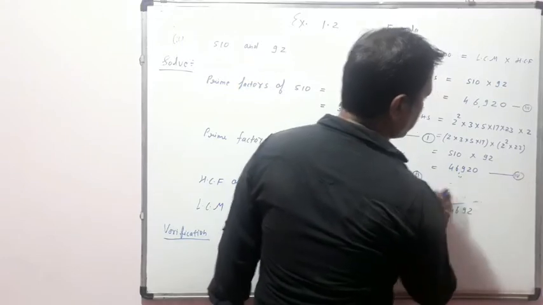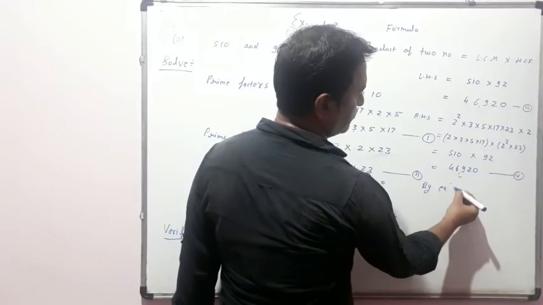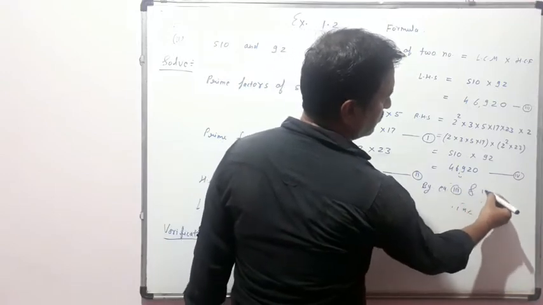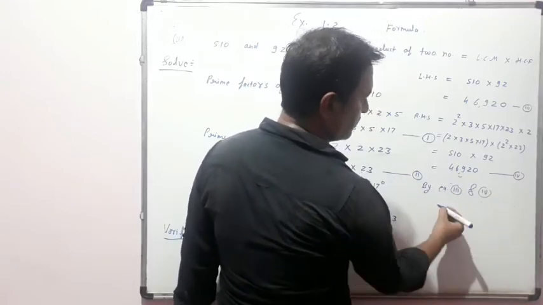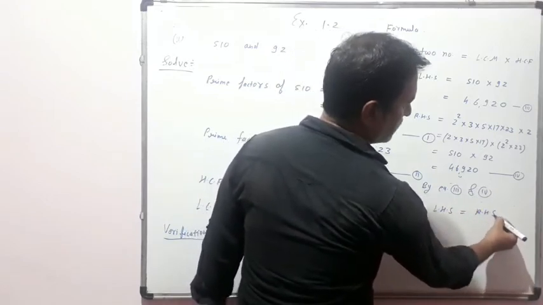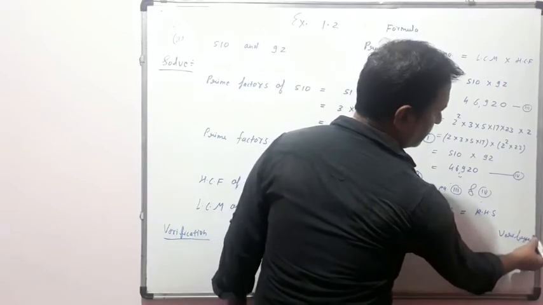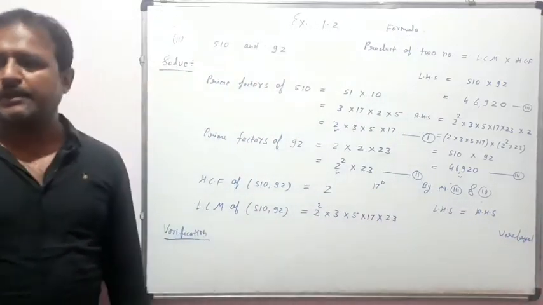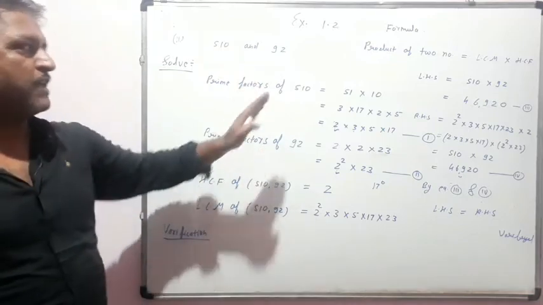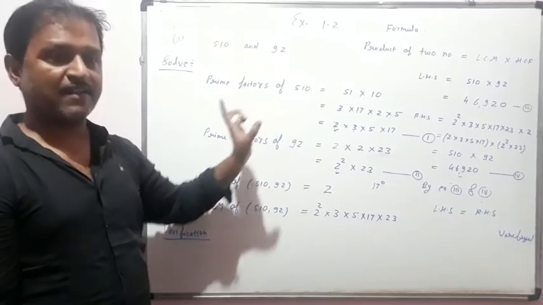So by equations 3 and 4, LHS equals RHS and the relation is verified. Clear? This is how we can find the LCM and HCF of two numbers by the prime factorization method.